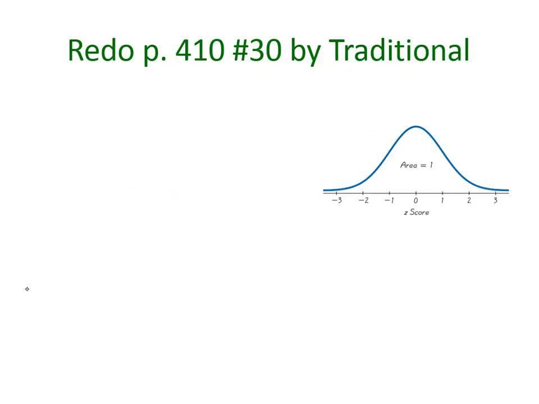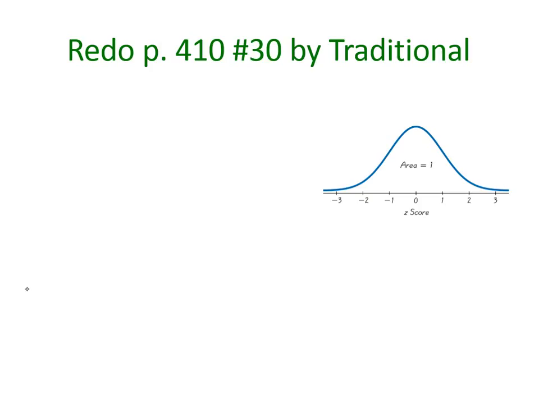So let's do a couple of problems where we do each one of these different methods. If we look at number 30 on page 410, we already did number 30 on page 410 with the p-value method. We found the probability that we were so extreme.